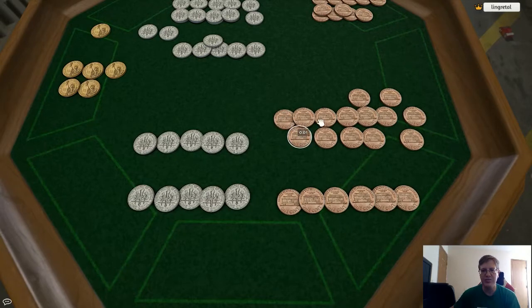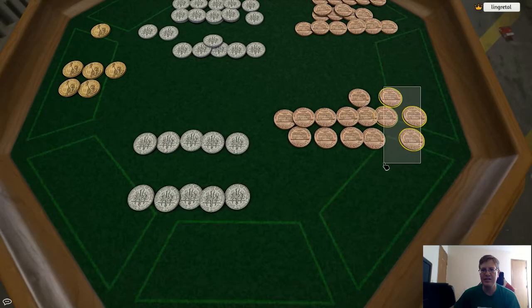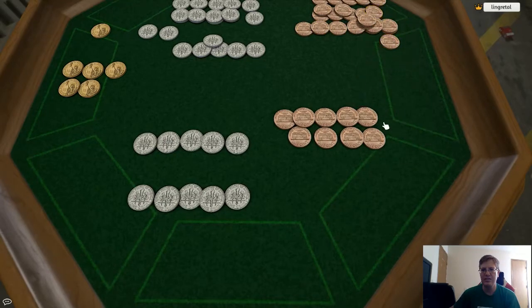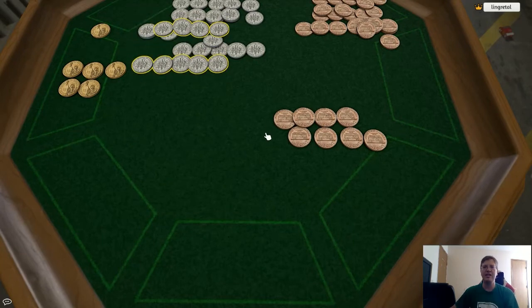So I've got 1, 2, 3, 4, 5, 6, 7, 8, 9, 10, 11, 12, 13, 14, minus 6. So if I take away my 6 pennies here, and I take away 6 pennies here, that is going to leave me with 8 pennies. And then I have 5 dimes minus 5 dimes, so all of my dimes are going away. That would leave me with 8 cents.